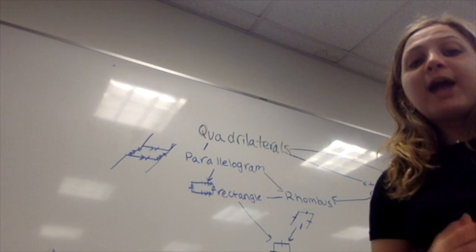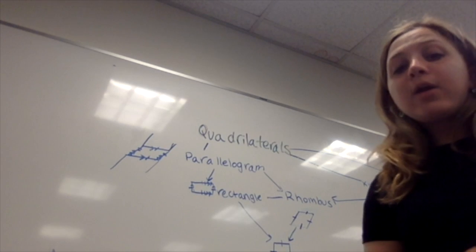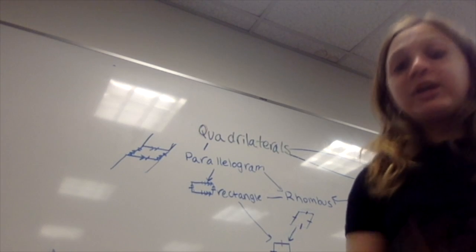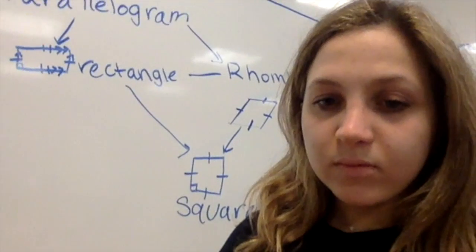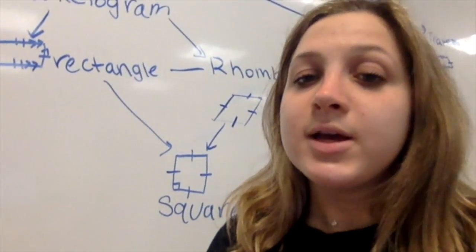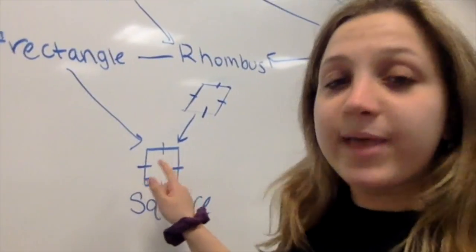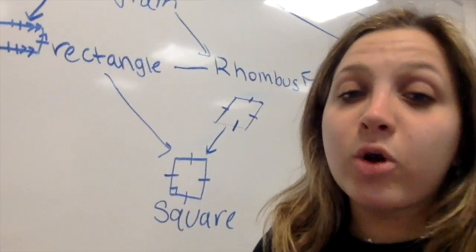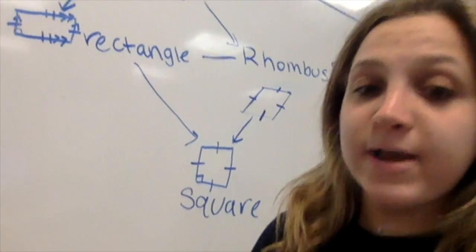The defining attribute of a square is that it is a quadrilateral that is equilateral and equiangular. So equilateral and equiangular means that the sides are all the same length, marked by these little tick marks, and that all the angles are going to be the same measure.